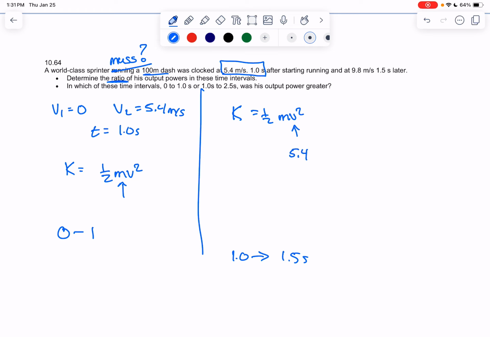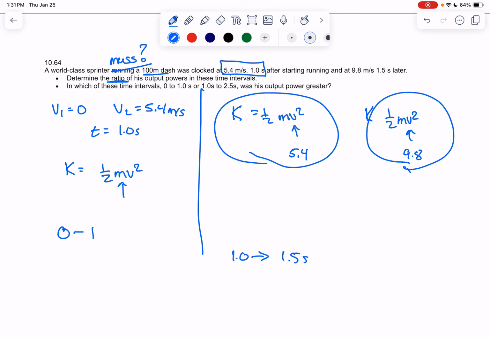And then you've got the kinetic energy at the end, which is 1/2 mv squared, where the v is now 9.8 meters per second, right? And so what you're going to do is find the total energy here, and then the total energy here, and subtract. The mistake I made is I subtracted 9.8 minus 5.4, but because you're squaring it, that's bad math. So find what this energy is.